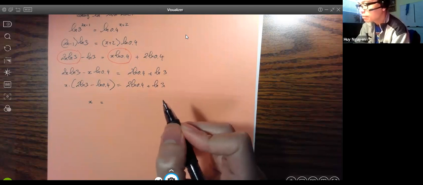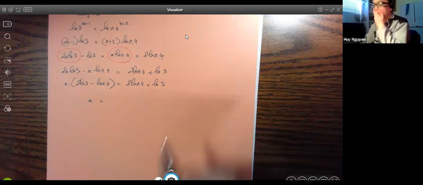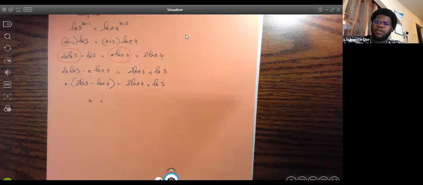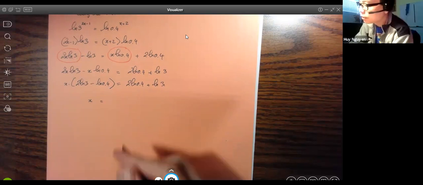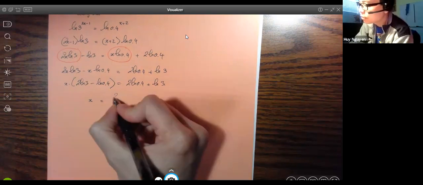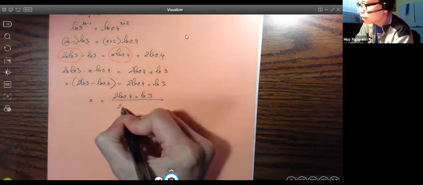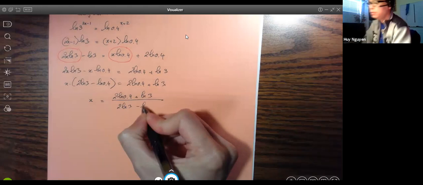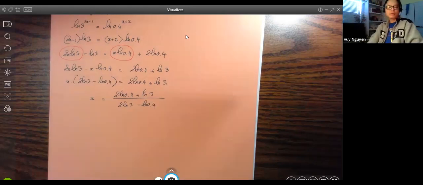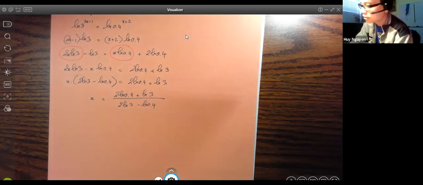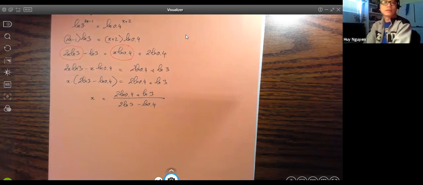Divided by the 2ln3 minus ln.4. You divide by that stuff. So you divide both sides by 2ln3 minus ln.4. And over here, you can leave it as the final answer.